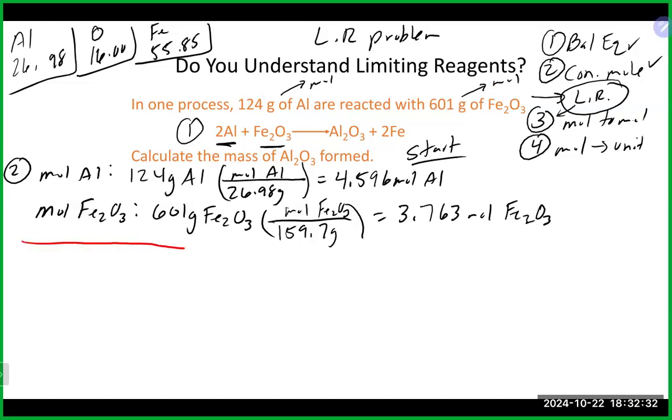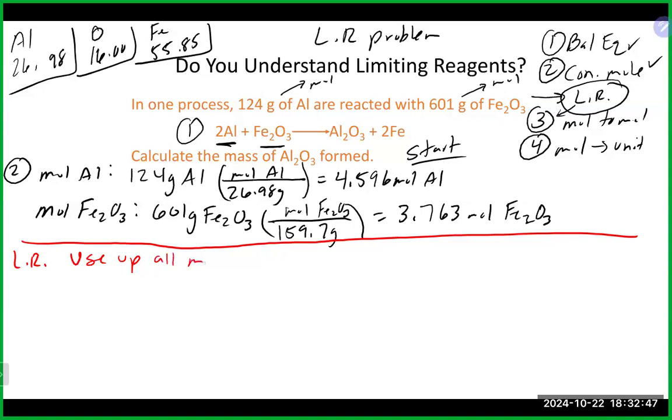What you're going to do, for example, is you could choose either reactant that you have. And basically what you want to know is, for example, if I wanted to use up all my aluminum, how much iron 3 oxide is needed?